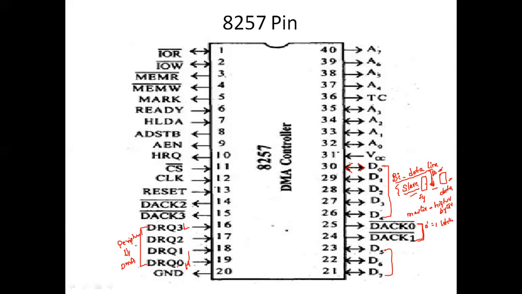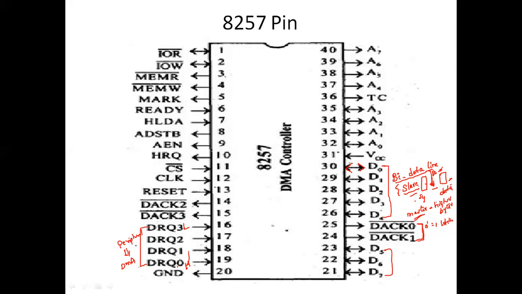That is the purpose of D0 to D7. It works in two modes, slave mode and master mode. In slave mode, these pins act as an interface between the system bus and the data bus. In master mode, these pins carry the higher byte address.